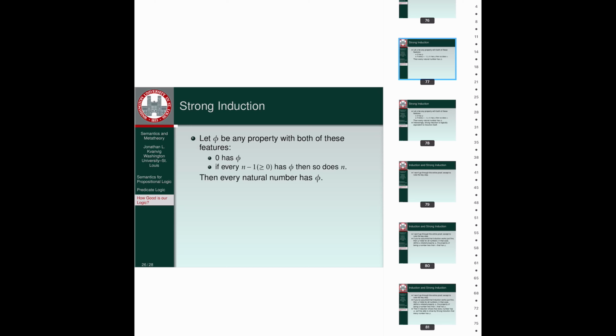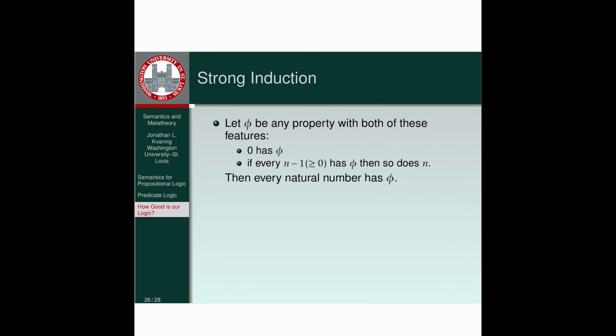So with ordinary induction, we proved a base case, and then the inductive case that we proved said if it holds for n, it holds for n plus 1. For strong induction, we similarly have a base case. You prove that 0 has the property in question.